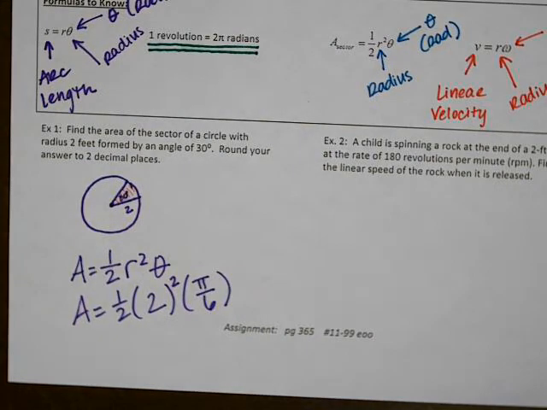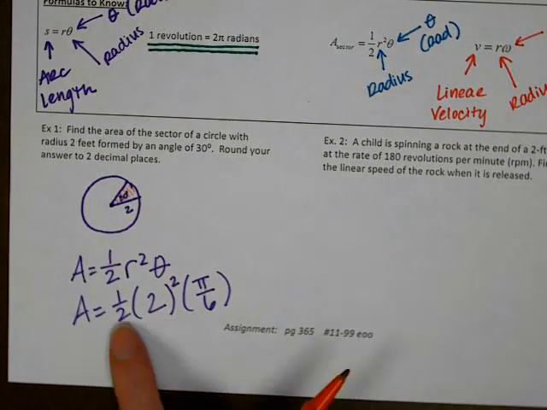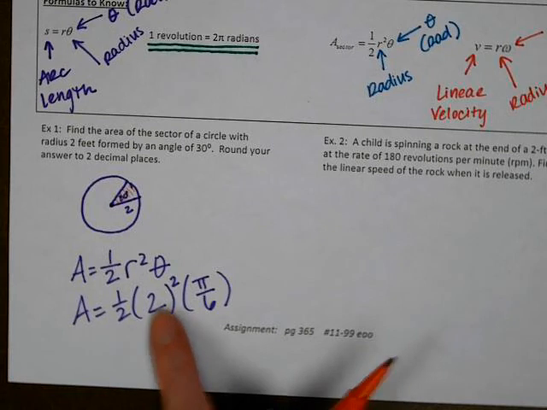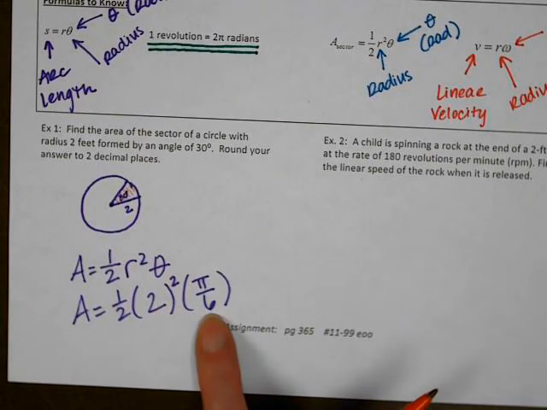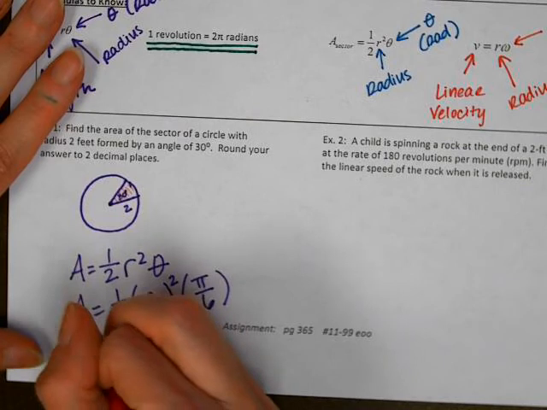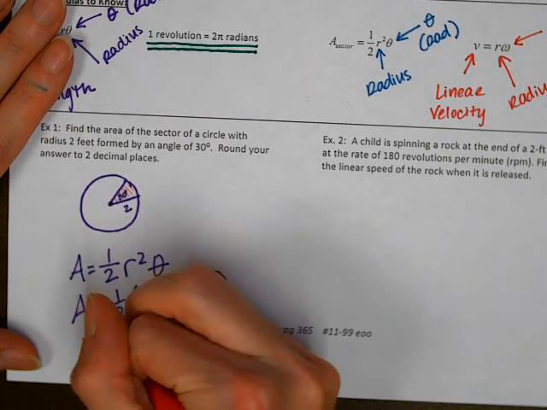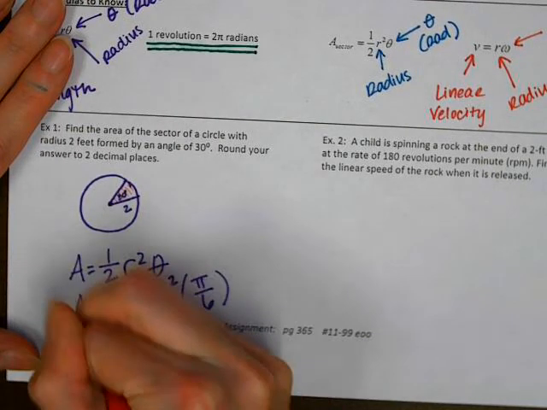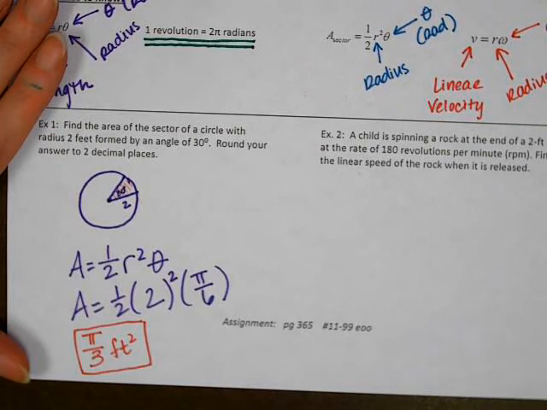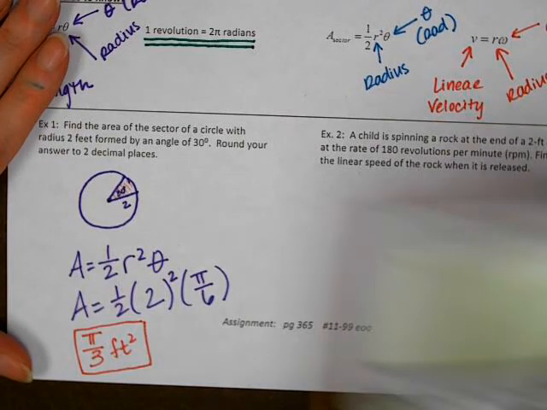All right, and if you guys work that out, they want us, let's do exact form and decimal form. So 1/2 of 4 is 2 over 6 is pi over 3. So this would be pi over 3, what's our units? Feet squared. And then if they want it as a decimal, you would actually just type it all in.